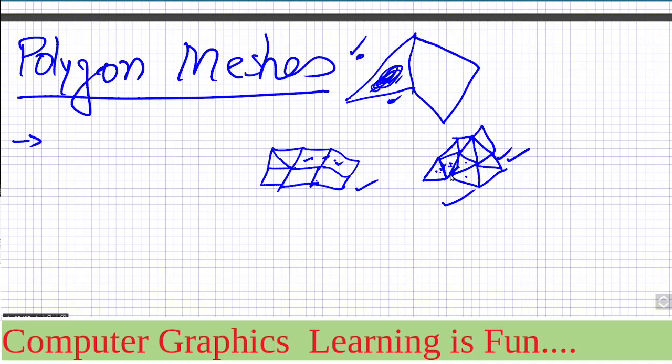However, mostly you will see quadrilaterals or triangles, and triangles are the most used because they can be used to represent any kind of surface. Now, maybe a complex object you are going to represent, you can definitely use this mesh of triangles to represent your object.